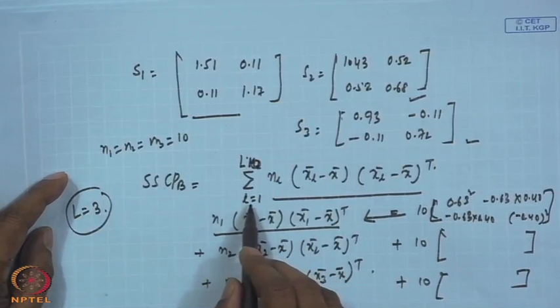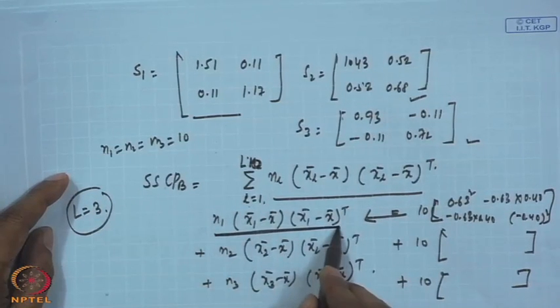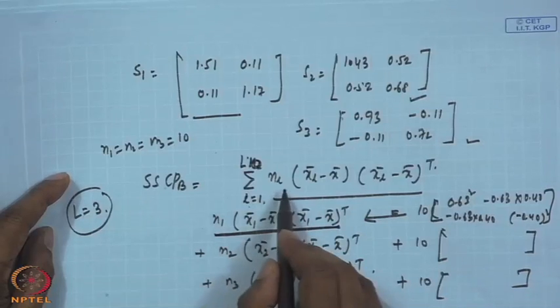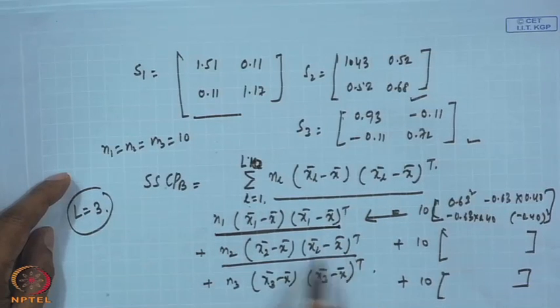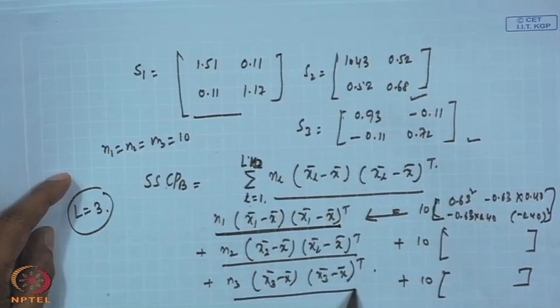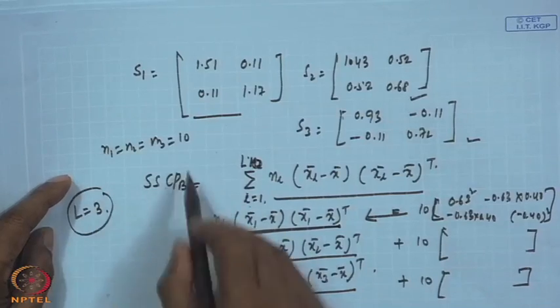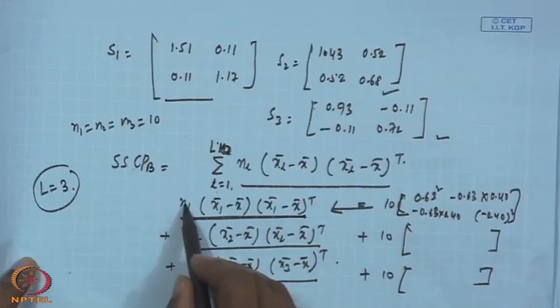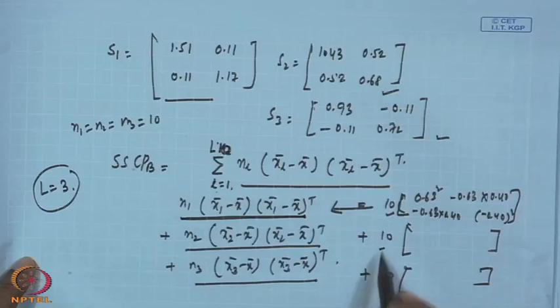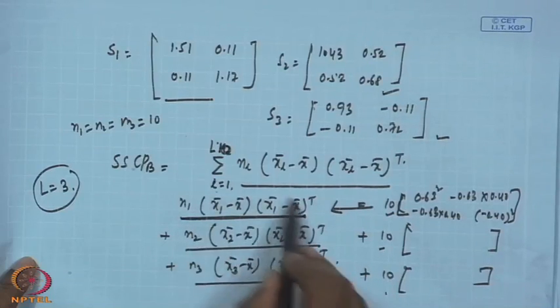If I put L equal to 1, then this is the quantity. If I put L equal to 2, then this will be the quantity. If I put L equal to 3, then this will be the quantity. Our case is the equal size case. So, n1, n2, n3, I am putting 10, 10, 10, then you are computing this.